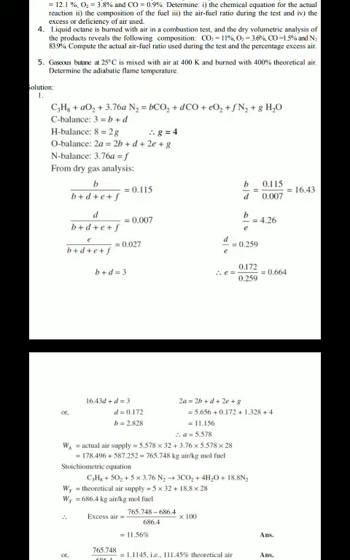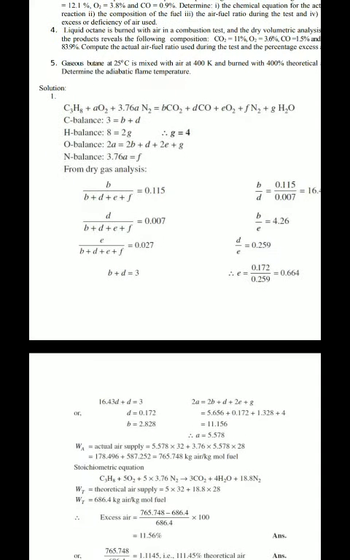N is 14, so N2 means 28. So 32 plus 3.76 into 5.578 into 28, this is from the nitrogen part. So the total actual air supplied is 765.748 kg of air per kg mole of fuel.